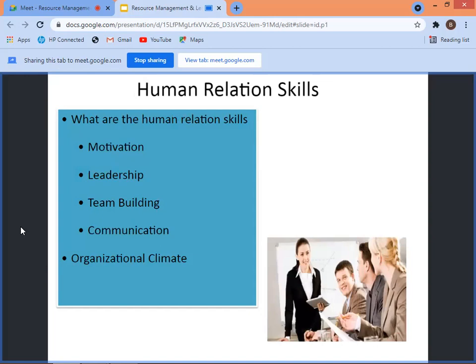Nothing can be more important than the human resource. Some companies are failing, going into bankruptcy because of their leadership. They're not dealing with their people in terms of motivation. They have to motivate.